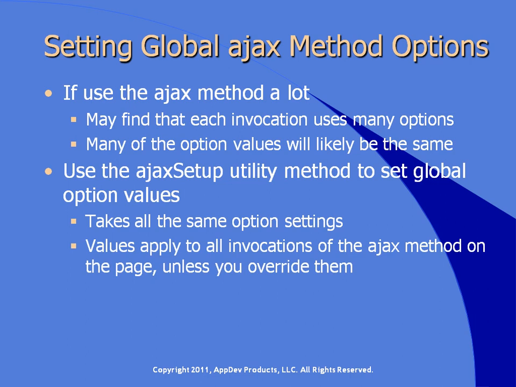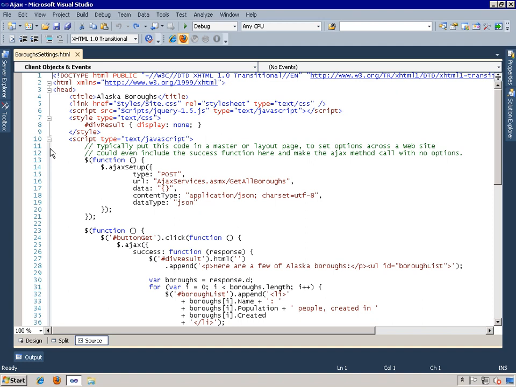So let's take a look at how you can use this in order to save a fair amount of typing when you're using the AJAX method. This boroughsettings.html page refactors the code from the boroughs.html page in order to use the AJAX setup method. It overall does the exact same thing as that other page. But it uses AJAX setup to set in advance various options for the AJAX method.